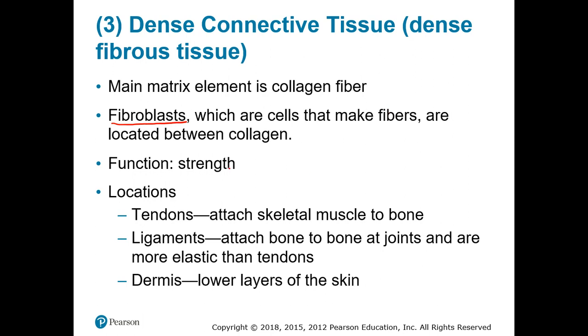Their function is strength. Hence, why they're located where you see tendons, ligaments, and your dermis. If you don't know what those three things are, tendons attach muscle to bone, ligaments attach bone to other bones, and then the dermis is the lower layer of your skin.